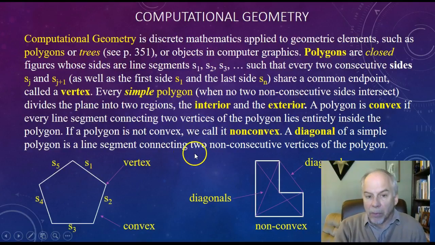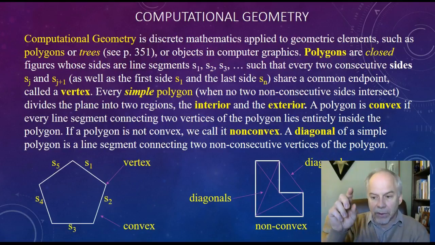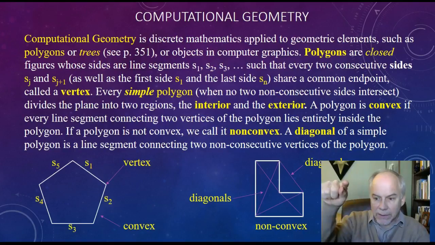Now, a simple polygon is one where no two non-consecutive sides intersect. Now a non-simple one, picture an hourglass, like you go this, this, this, this.